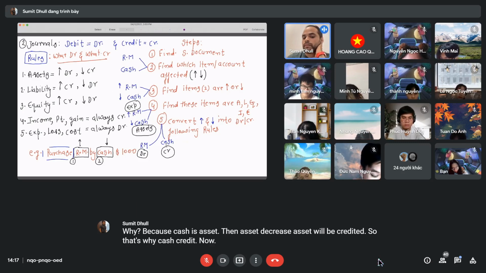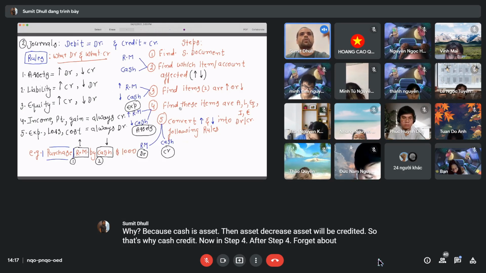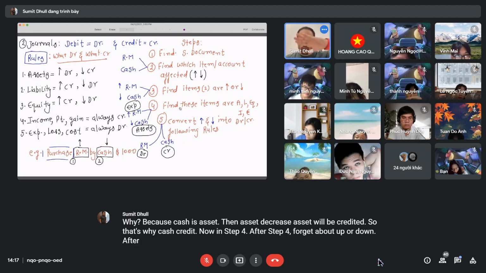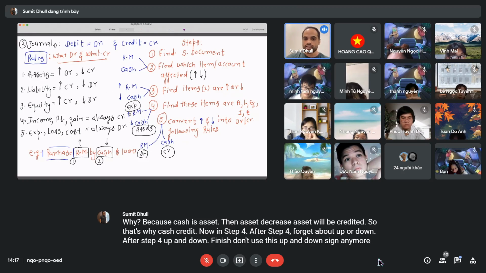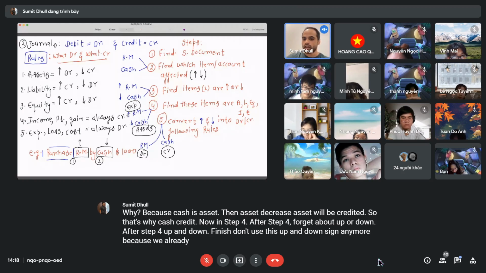After step 4, up and down, finish. Don't use this up and down sign anymore, because we already converted up and down into debit and credit. Everybody understand?